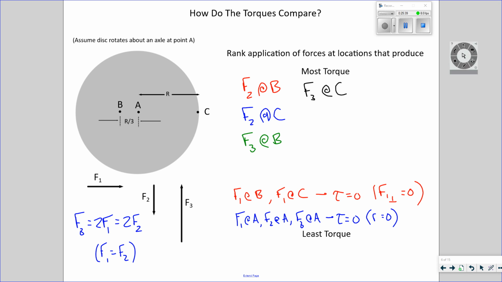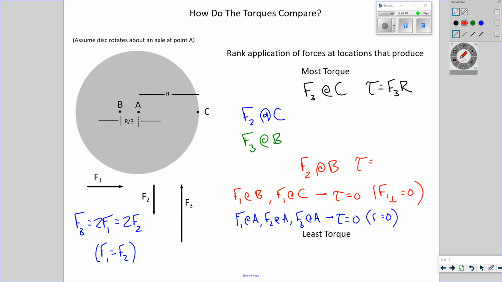We could say that this torque is F3 times R. The smallest one is going to be the smallest force at the smallest distance, and that's F2 at B. And we can express that torque: F2 at R over 3.